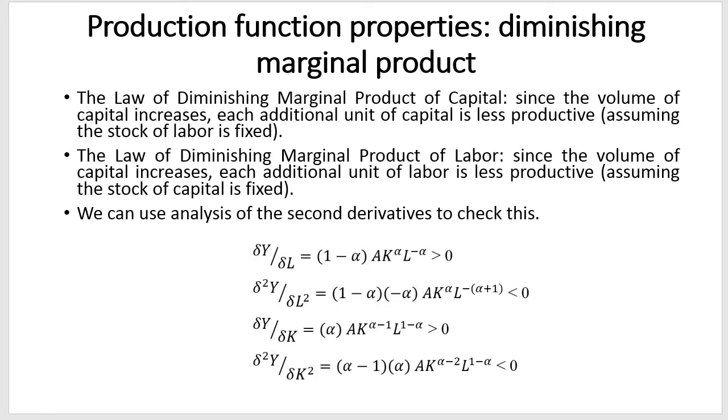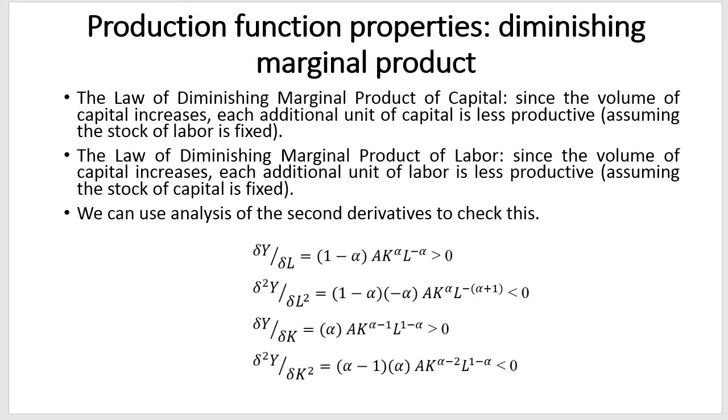Okay, so two fundamental properties of production function are diminishing marginal product of labor and diminishing marginal product of capital. Under the diminishing marginal product of capital, if we assume that the stock of labor is fixed, each additional unit of capital is less and less productive.